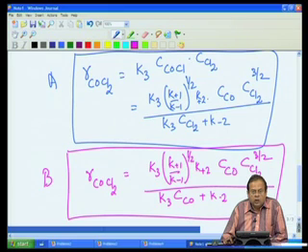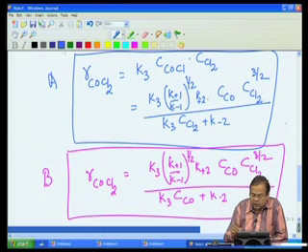So, in our real reaction, if the denominator was some constant, then these two mechanisms are indistinguishable. Let us examine the denominator of these two rate expressions.